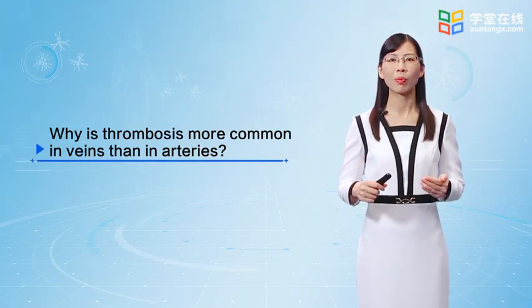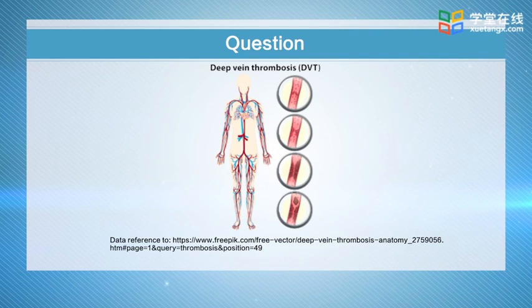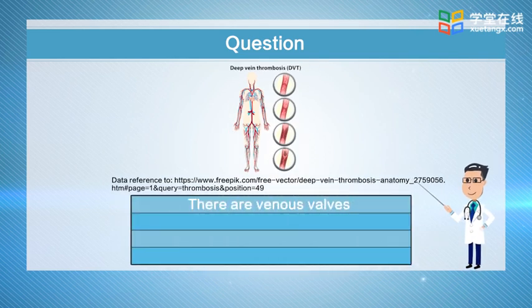Now, could you answer the question, why is thrombosis more common in veins than in arteries? Well, it is merely related to the structure of veins. First, there are valves in the vein. The blood flow in the valve pocket is slow and turbulence may develop, which often initiates a thrombus formation.